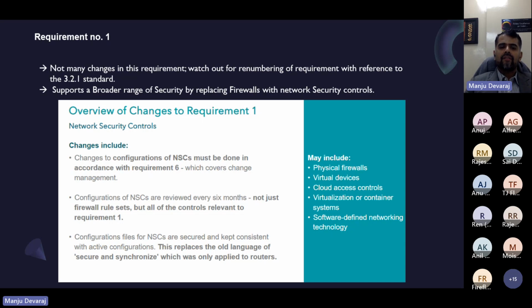Changes to the configuration of NSCs must be done in accordance with requirement 6, which is one additional change. And another thing is that now not just firewall rule review, the configuration of NSCs also has to be reviewed every 6 months. Wow, that's good actually.